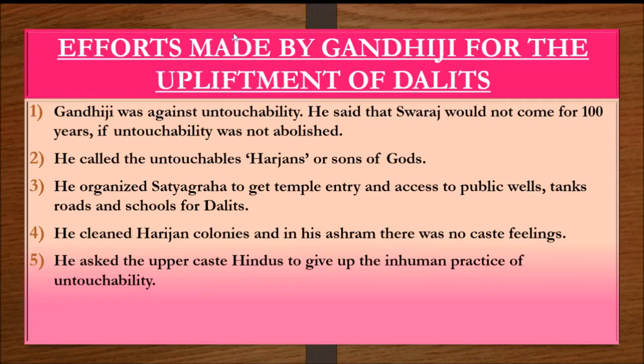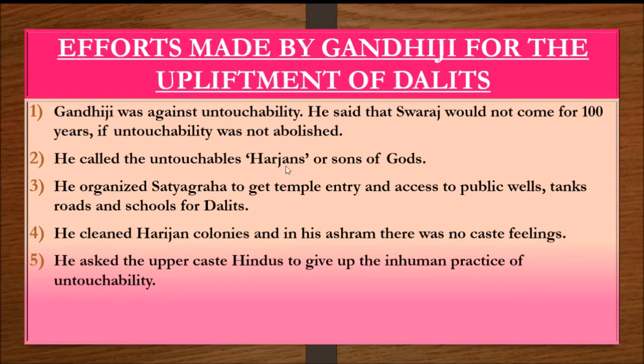If you see in this slide, children, the efforts made by Gandhiji for the upliftment and development of Dalits. Gandhiji was against untouchability. He said that Swaraj would not come for 100 years if untouchability was not abolished.